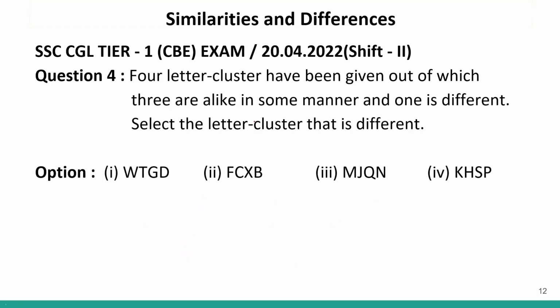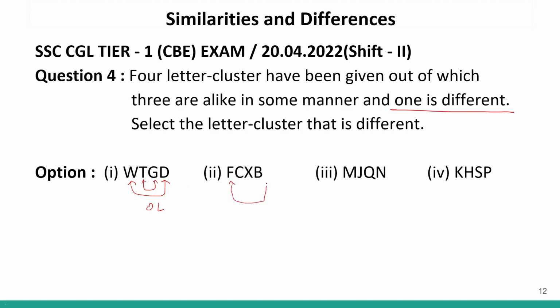Now, 3 are alike in some manner and we have to find the one which is different. So whenever you get a question like this, these are all individual series. So W and D, if you know the concept of opposite letters, W and D are opposite letters. Similarly, T and G are also opposite letters.